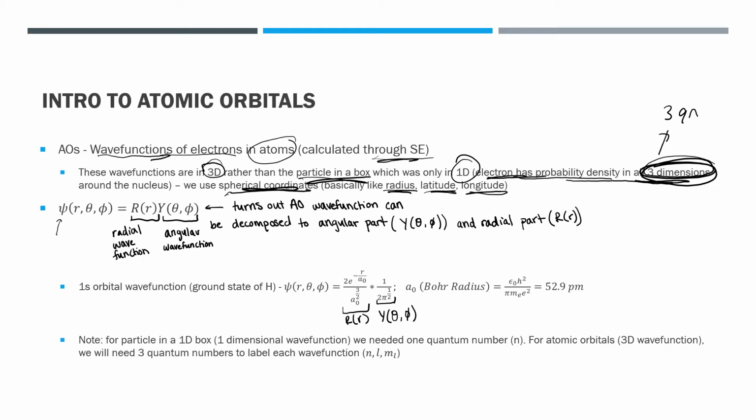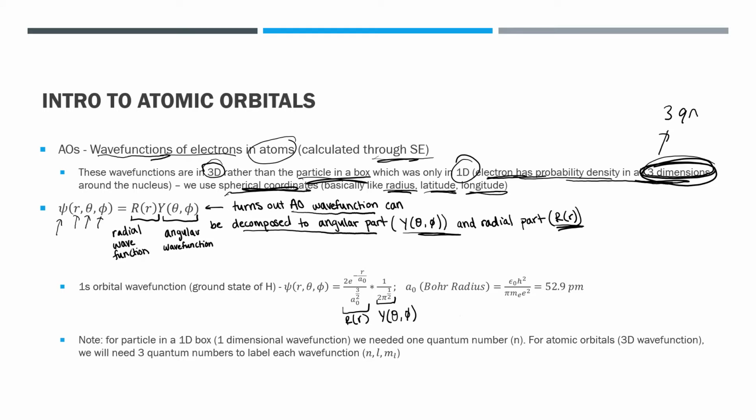Now we can look at what our psi looks like. What does our wave function look like for an atomic orbital? We have a wave function, and we're taking in r, theta, and phi. Theta and phi are our latitudes and longitudes, and r is our radius. It turns out that atomic orbital wave functions can be decomposed into an angular part, which we call Y of theta and phi, and our radial part, which is R of r.